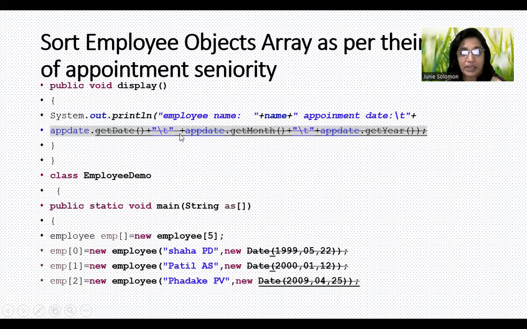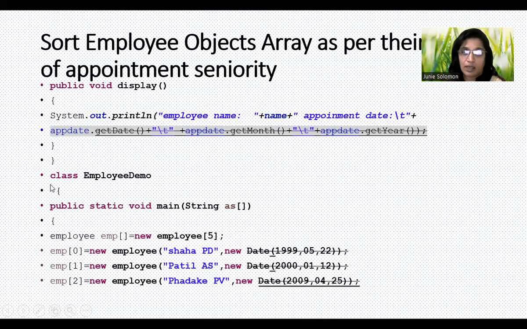Then one tab space, app date dot getMonth gives you only the month. Again one tab space, app date dot getYear displays the year. So it gives you date, month and year. This is what the display function will do, and we close the function and close the class.